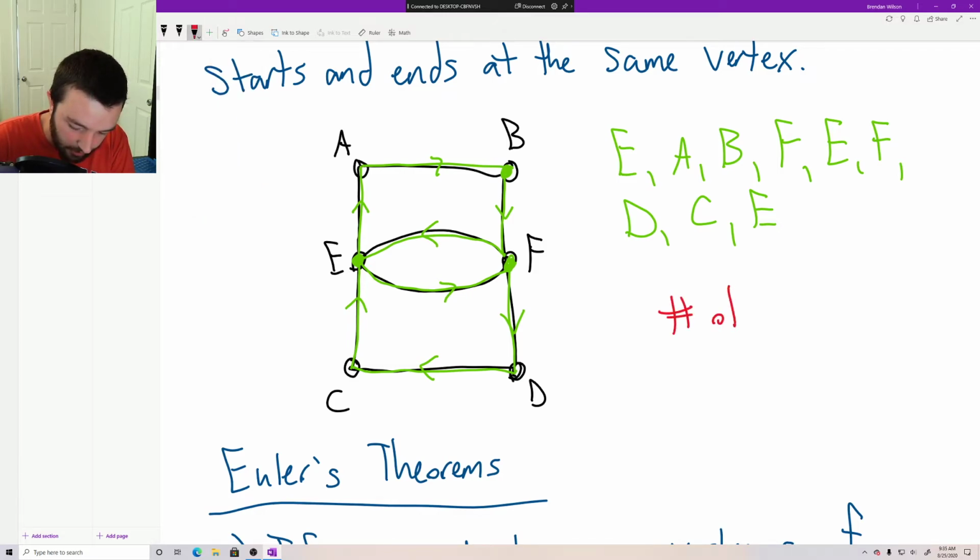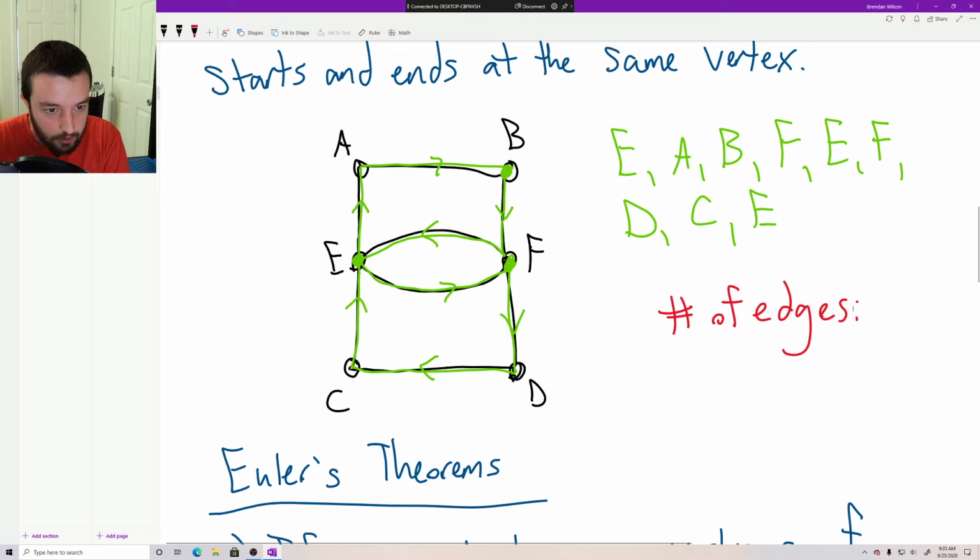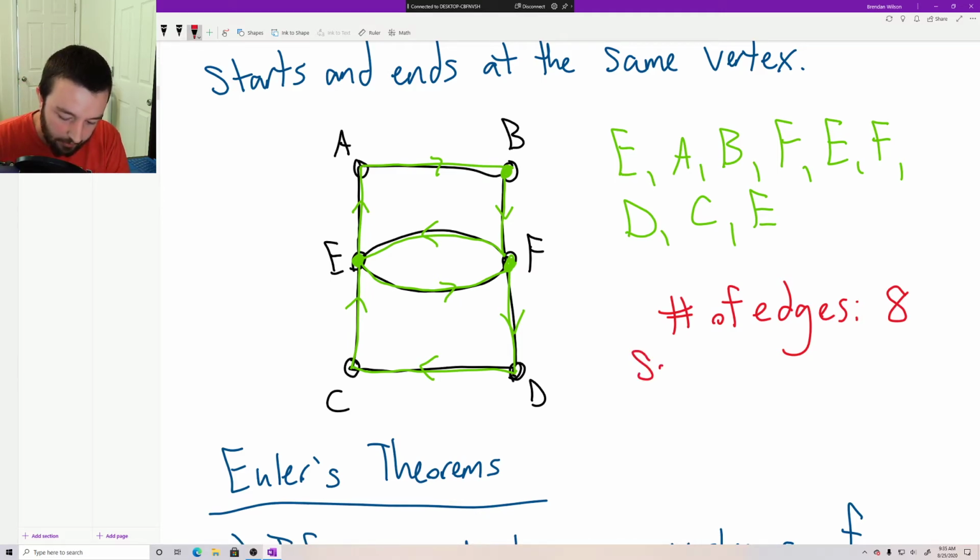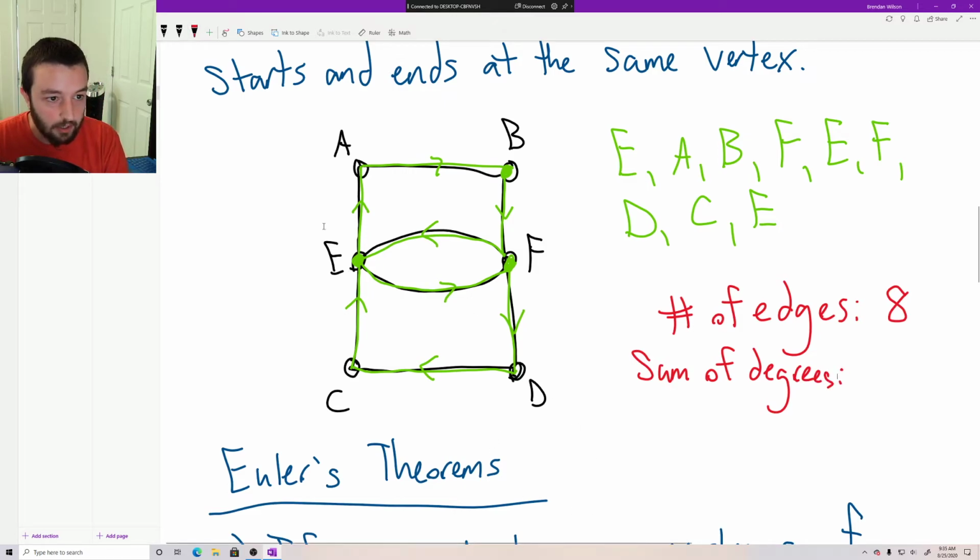So the number of edges, well, we have 1, 2, 3, 4, 5, 6, 7, 8. Okay. And now we want to look at the sum of the degrees of every vertex.